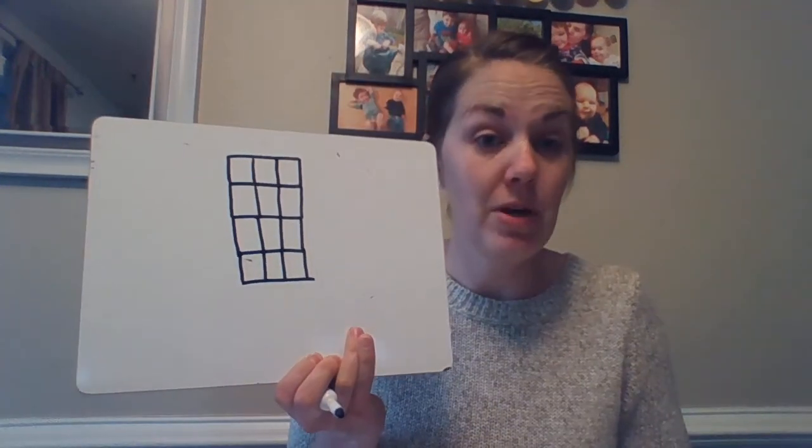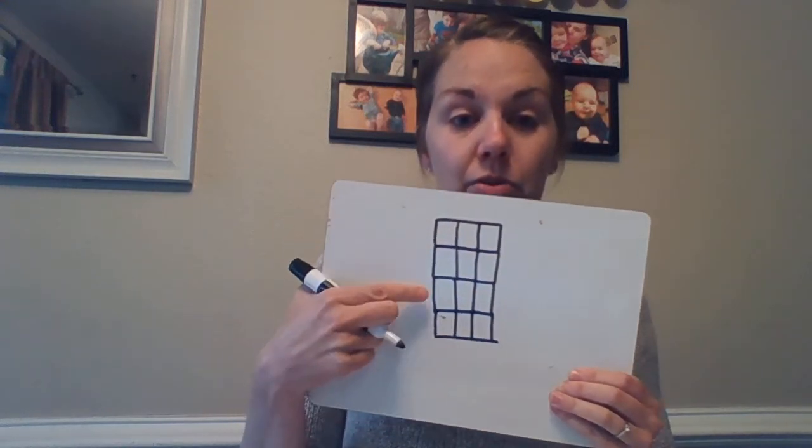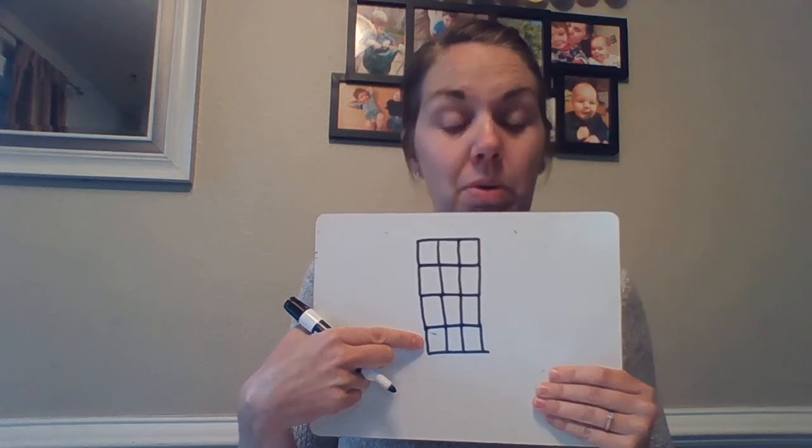If I added another row of 3, that would make it 9. And one more row of 3 would make it 12. So we had 1, 2, 3, 4 rows of 3 tiles. We would have all 12 tiles. So the question says, how many rows could you make with 12 tiles? You can make 4 rows.